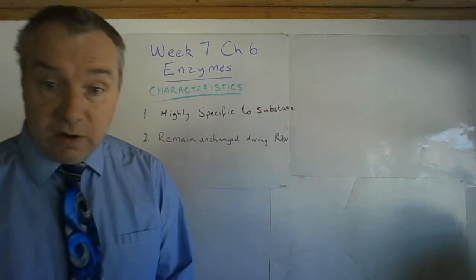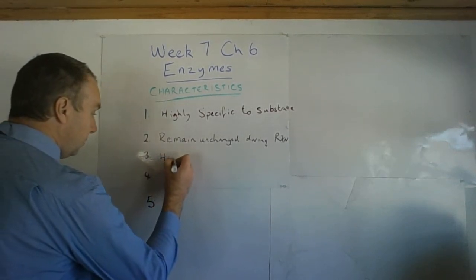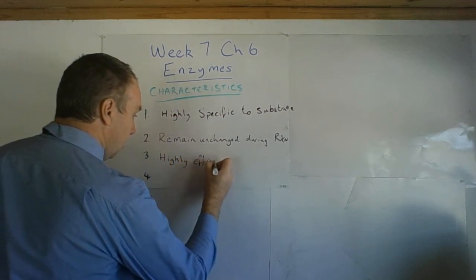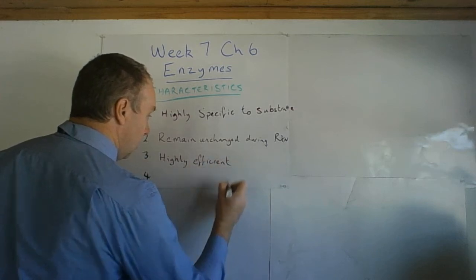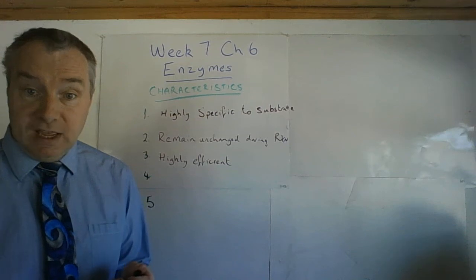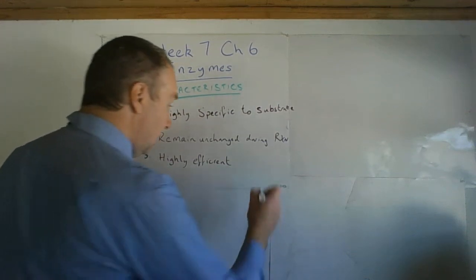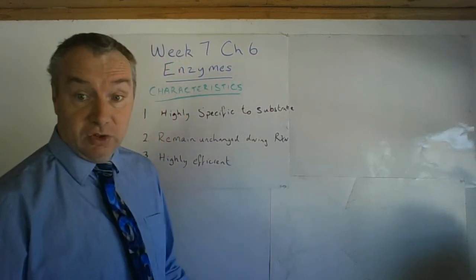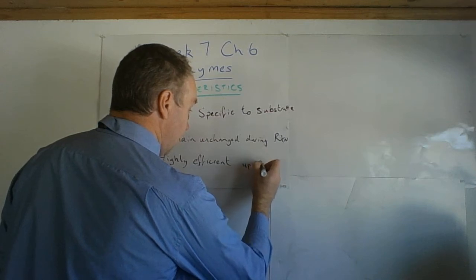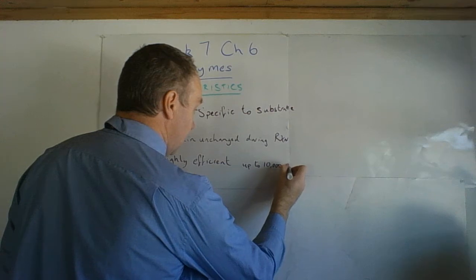So another characteristic is enzymes are highly efficient. The rate that enzymes can work at can be 1 to 10,000 molecules produced, up to 10,000 products.